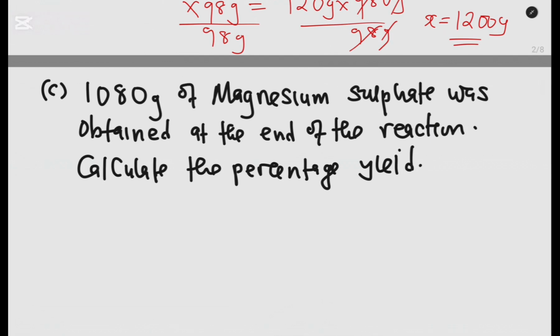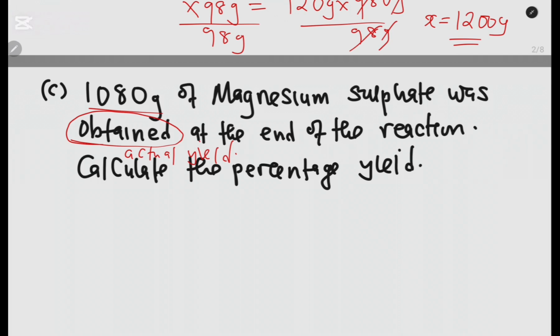Then let us proceed to question C. 1080 gram of magnesium sulfate was obtained at the end of the reaction. Calculate the percentage yield. Now look at this one. 1080 gram of magnesium sulfate was obtained. So the keyword here is obtained. What did I say, where we are coming from? Obtained, we said, is the actual yield, or what you are given is the actual yield. You never find the calculated yield in the question.